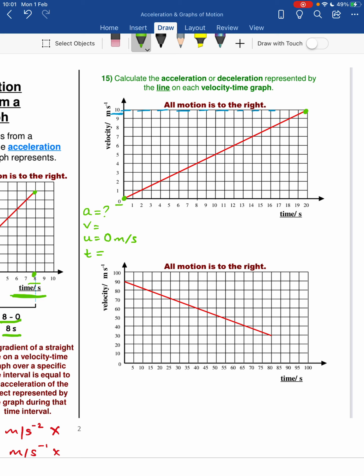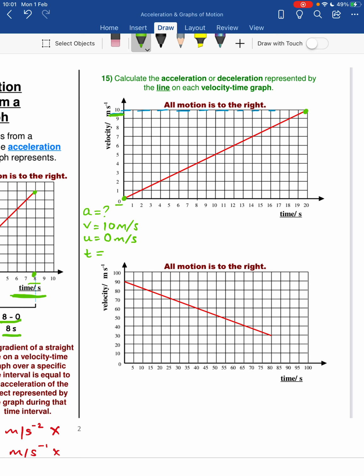Where the line ends is across from 10, which you can see I've already marked in. You can either draw a dotted line across or take a ruler or a straight edge and line up the end of the line with the scale for the speed. We can see that it clearly finishes at 10 meters per second, so that value goes in for v.